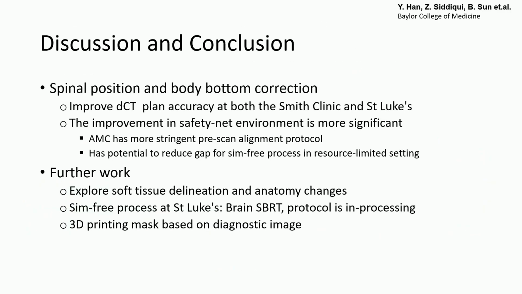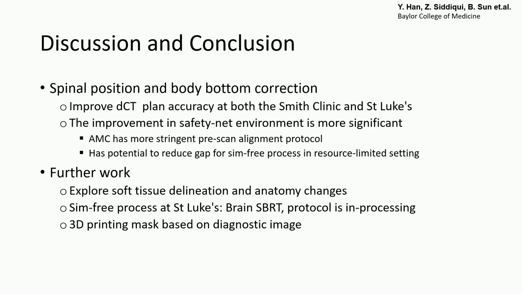So what does the research tell us? First, our AI-based spinal position and body bottom corrections can improve the diagnostic CT plan accuracy at both the Smith Clinic and St. Luke's. However, as I introduced, the improvement in the safety net environment is more significant than in the academic medical center. Why? This is because the academic medical center has a more stringent pre-scan alignment protocol.